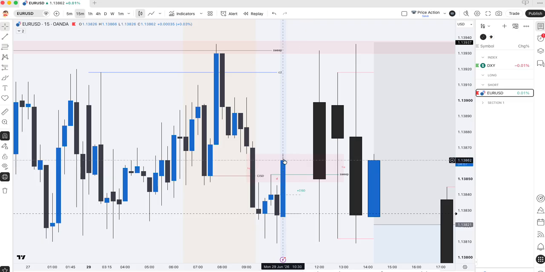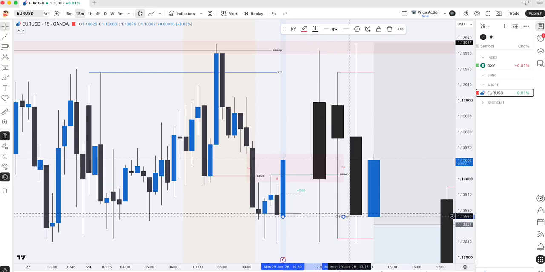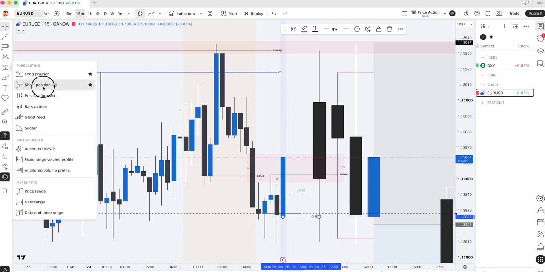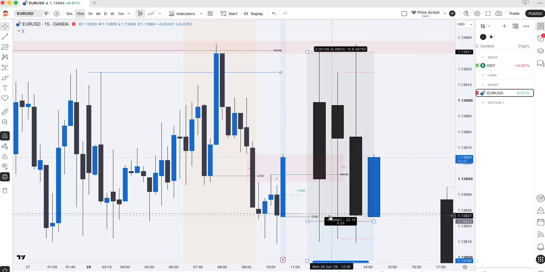If price now closes back in, gives me a CISD here, this is a CISD, then I can sell it at close, something like this.